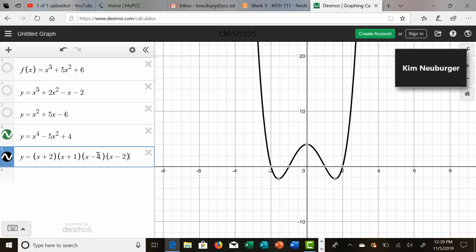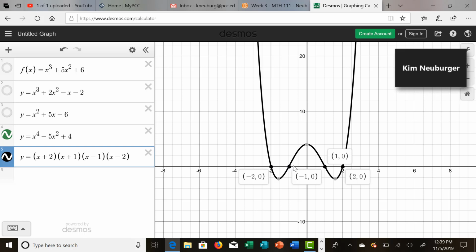If you're in factored form like this, each of the factors will show you all of the spots where you cross the x-axis. And notice that all of these cross once, which means you're going through each of those spots as if you were creating a line. If you looked at a little teeny section right here, it would look like a line going through -2.